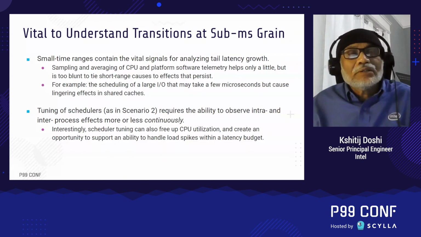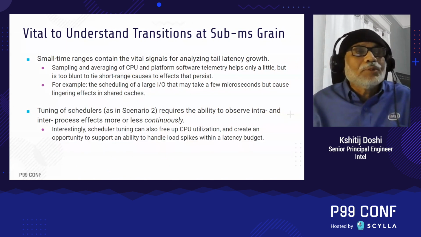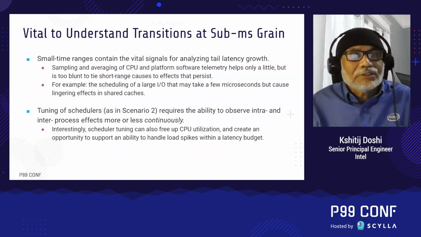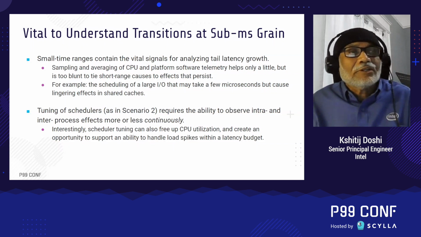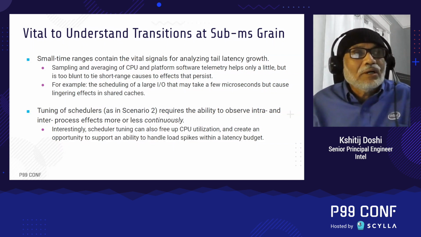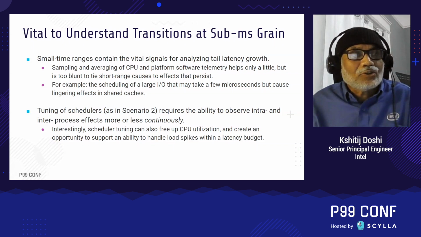So instead, sampling and averaging of CPU is a very common technique in order to collect program counters and identify where the programs are spending a bulk of their time, and then tracing it back to see whether, at a point when a tail latency crossing occurred, there was a significant change in the profile between the median case and the case when the tail latency crossing occurred.